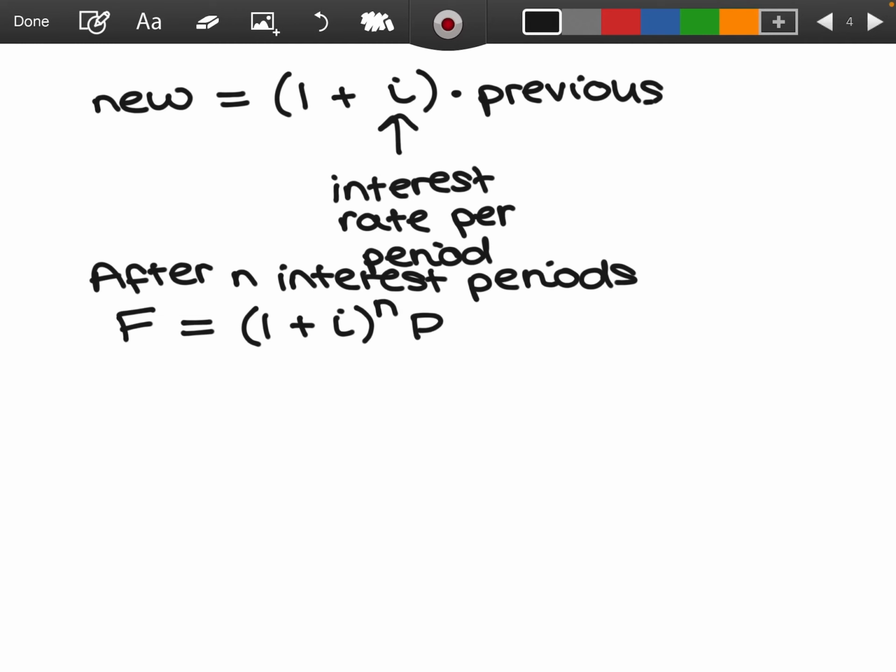So to find whatever my future value is after n different periods of compounding, so if I'm compounding monthly, let's say I wanted to find out at the 5th month how much money I had, I could say, okay, after 5 interest periods, my future value would be 1 plus the interest rate per period, so whatever my annual rate divided up monthly is, to the power 5 multiplied by that principal value, whatever value that I started with.